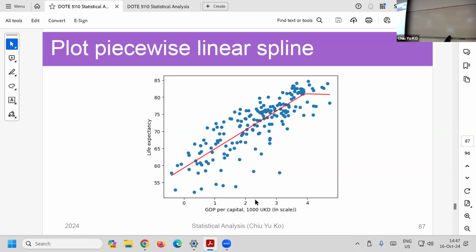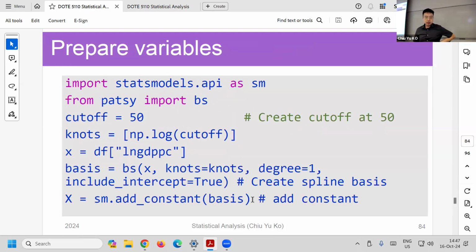But here it's like, why don't I just fit a regression here and a regression there, and make sure that they connect to each other? That is what this linear spline is doing. It's very close to the bin scatter, but instead of a horizontal line, you fit a line so that they are connected to each other.